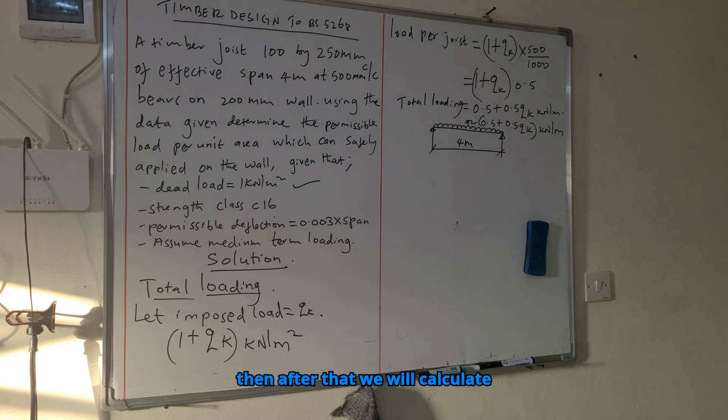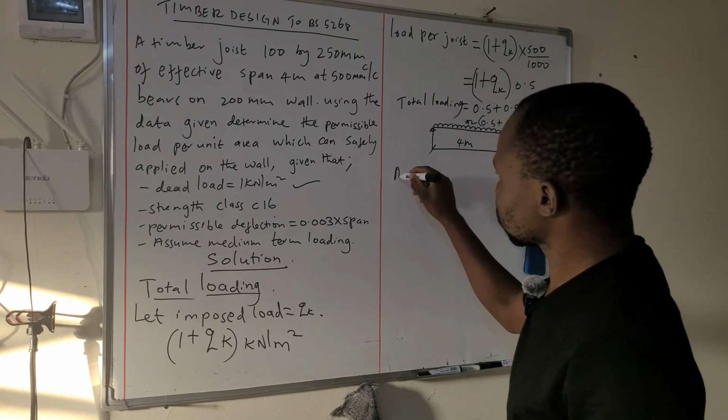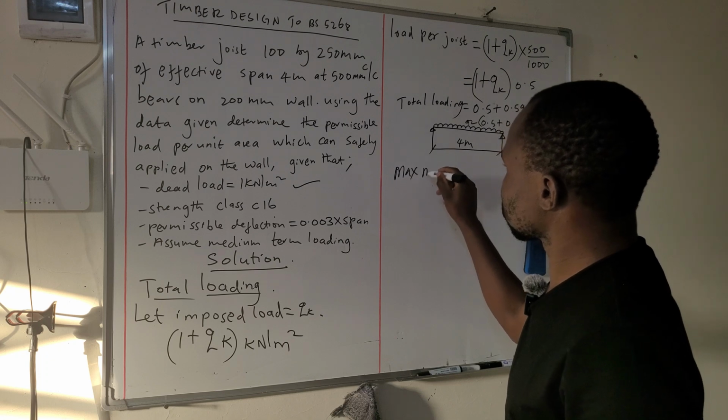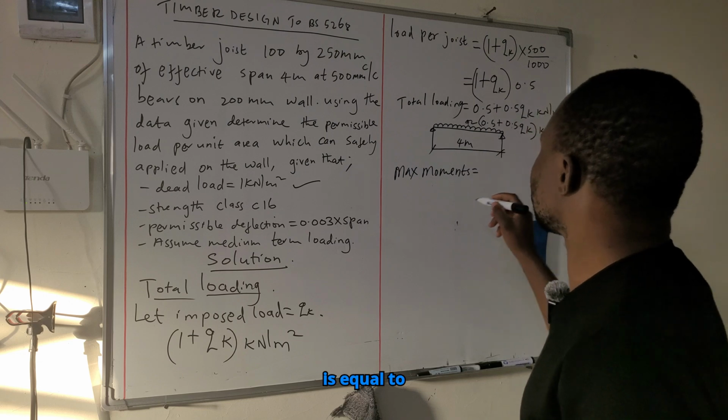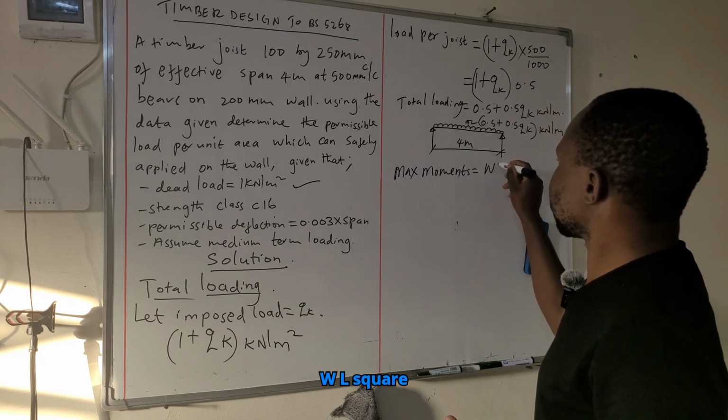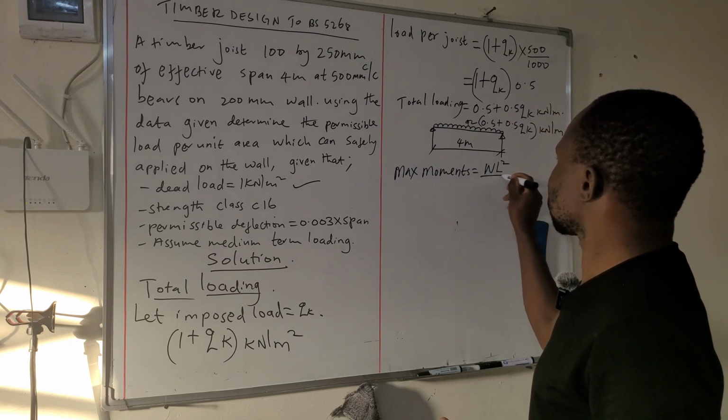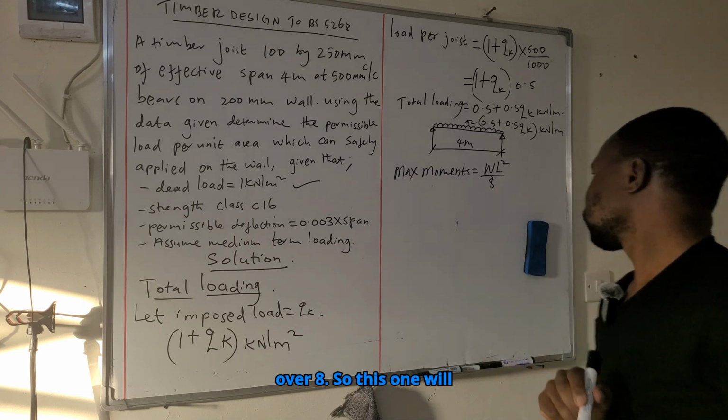Then after that, we will calculate our maximum moment. So our maximum moment is equal to WL squared over 8.